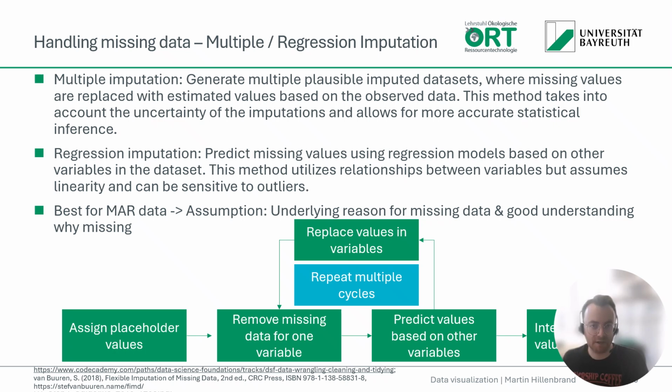So keep in mind that you have to check for linearity before using regression imputation. All of those imputation strategies are best for MAR data, so you have missingness at random. You cannot use them if this is not the case, because then you would, as before, introduce biases.